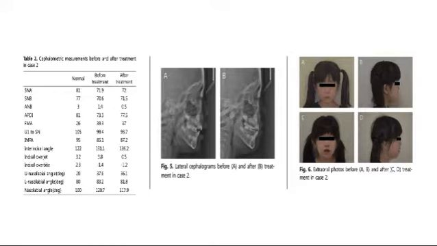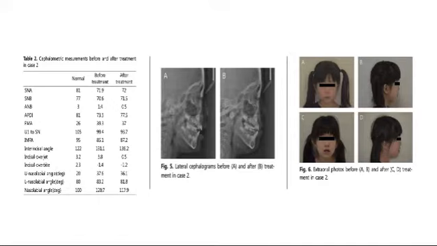The bimolar width between the central dentogingival junction of the first deciduous molars increased from 22.4 millimeters to 22.9 millimeters in the maxilla, and from 22.0 millimeters to 23.3 millimeters in the mandible.